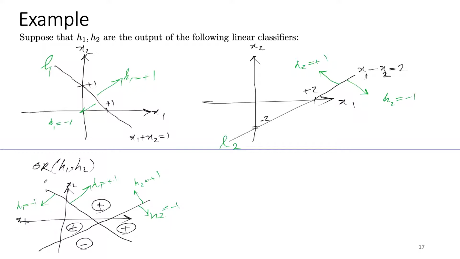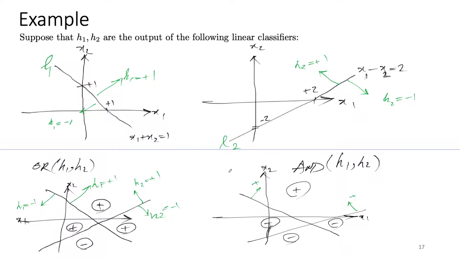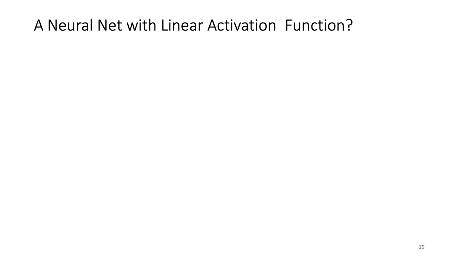We can represent output OR this way and AND this way. So if we play around with the weights, we can actually classify such data sets easily with these two. Okay? This we saw already.